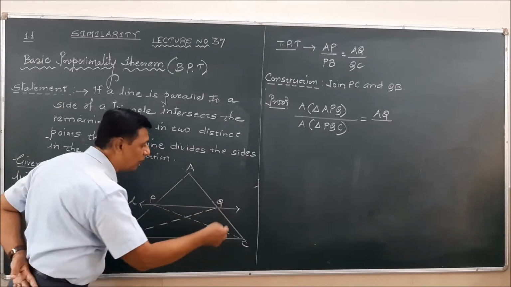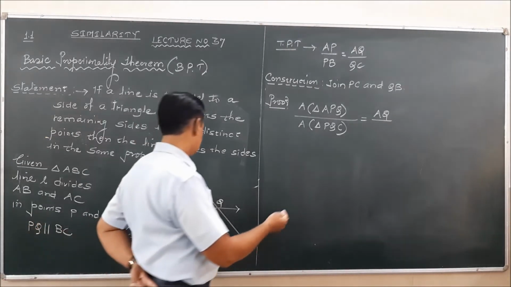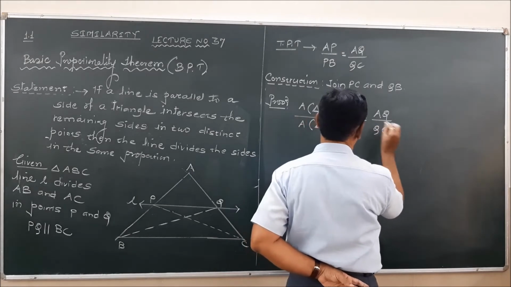Why is it the base? Opposite to the vertex. So AQ upon QC.